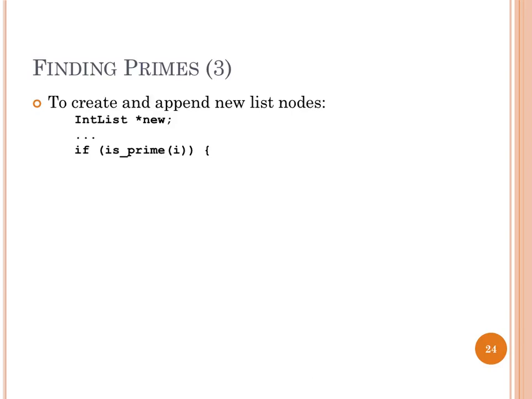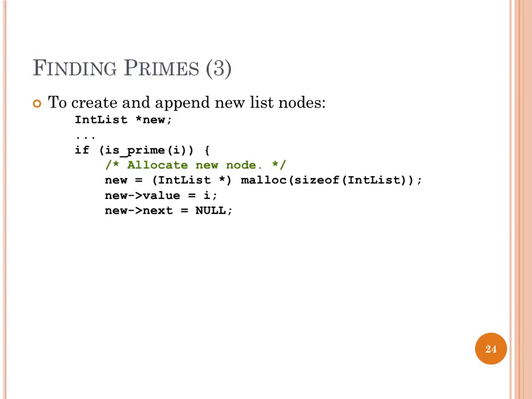Notice we have int list star new, and basically we can say, if this thing is prime, then I need to allocate a new node. So I will use new to allocate that thing. Observant C programmers may notice, well, you could declare that int list star inside the if body, and that's certainly true. I have to try to fit code onto slides, and it's just really frustrating.